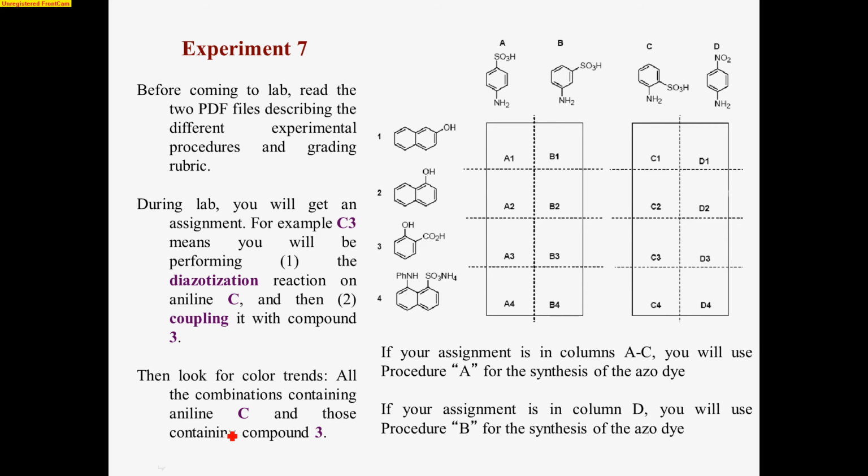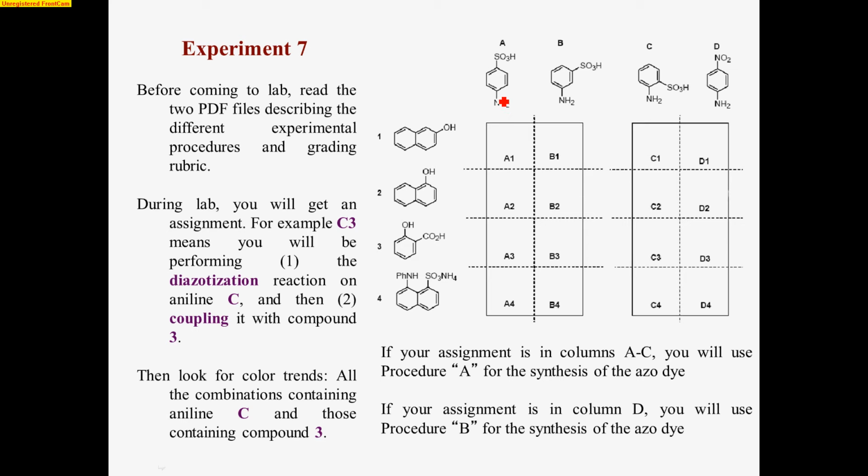So getting into the experiment, we have 4 different anilines that you will be potentially diazotizing. You'll get assigned one of these, but you're going to find out that this experiment is actually quite efficient, and if you want to do more than one, it will be no problem.